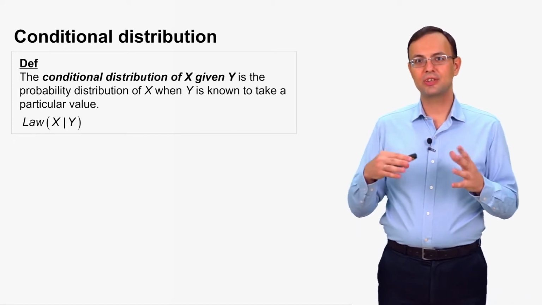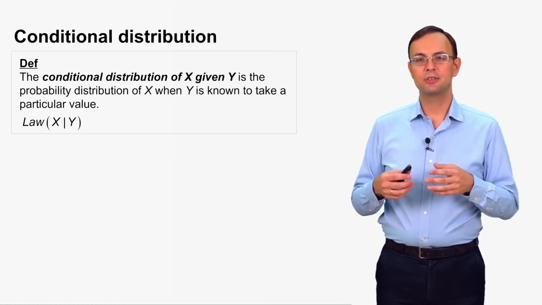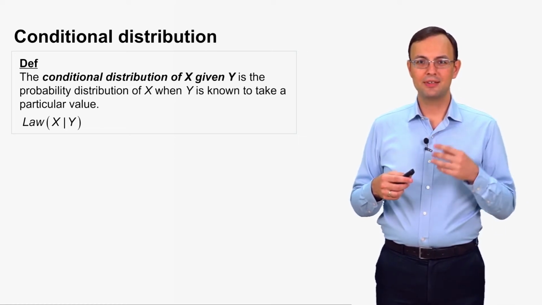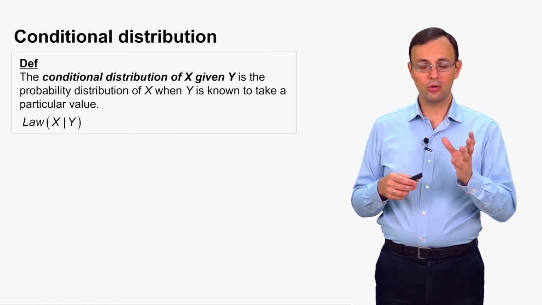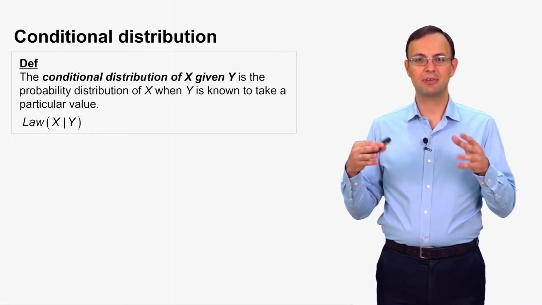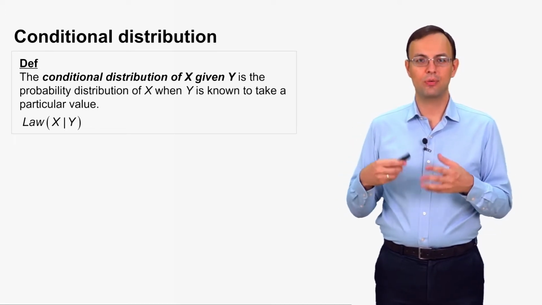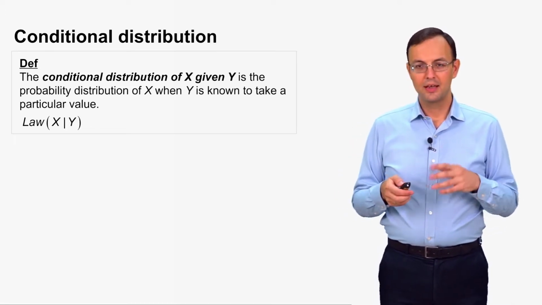Different notations are used to describe such a situation, but one of the popular notations is the one you see now. So law of x given y. So this symbol is read as law of x given y, or distribution of x given y.